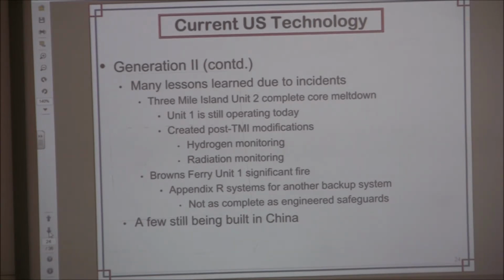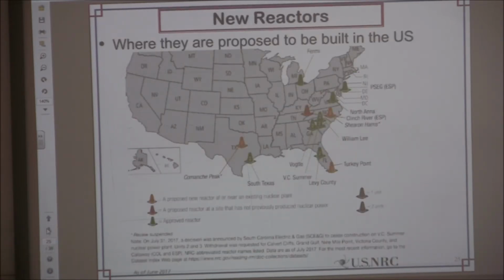And then I talked about the Browns Ferry, had a significant fire that almost resulted in a meltdown. And they had to add another system called Appendix R, which is not as reliable, but it's only in case of a fire. So you're not figuring there's this major accident, taking out both trains in a fire, and go from there. A few of them are still being built in China to save costs.